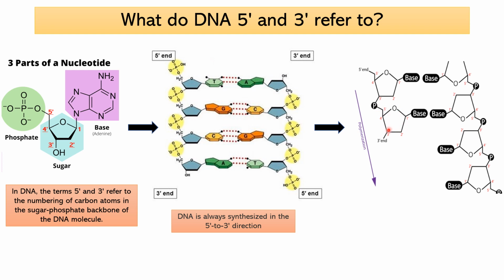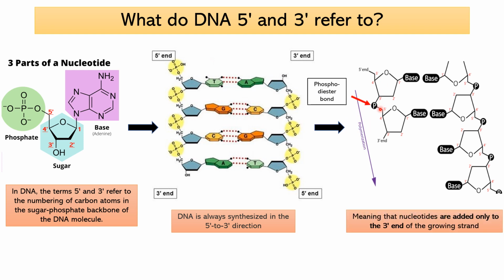When a new nucleotide wants to bind to the previous nucleotide, the phosphate group on the new nucleotide will bind to the hydroxyl group on the 3rd carbon in the previous nucleotide, forming a covalent bond called the phosphodiester bond.